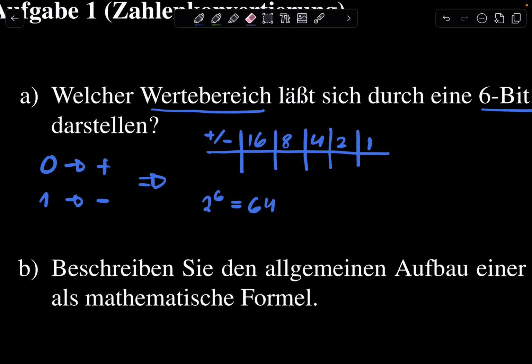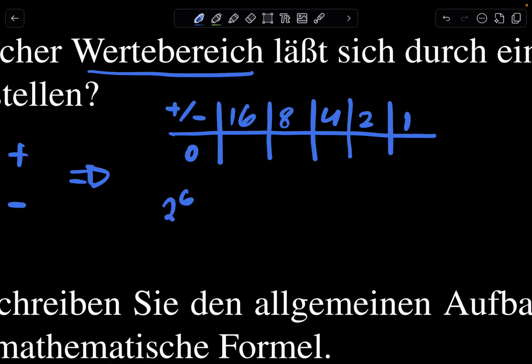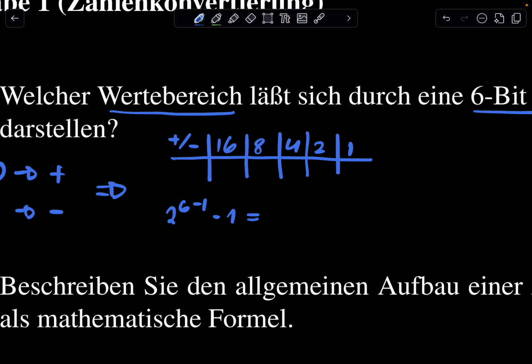However, we know that 1 bit is used for the sign. So we're going to do minus 1, and I'll explain why. 2 to the power of 5, minus 1, gives us 31.